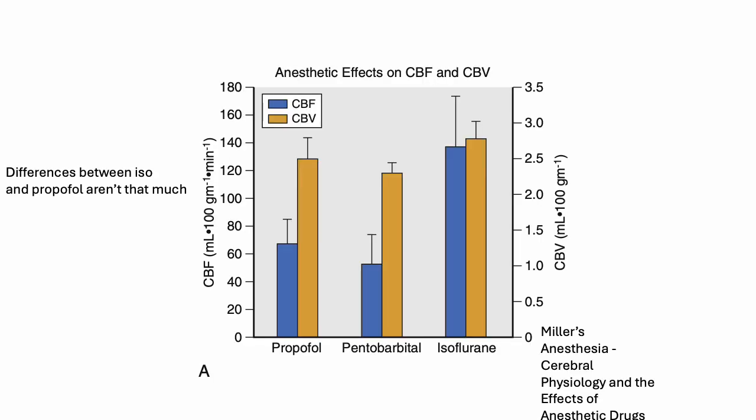So comparing propofol to ISO, I know we used to do much more propofol TIVA, and I have to say that I don't know if that makes a huge difference. If you look at this, the cerebral blood flow between propofol and ISO, that's a big difference, right? The blue one. But if you look at the yellow one, the blood volume, it's not as big a difference, and that's because of what the last slide showed: the flow changes more, but the volume is not as big a difference.